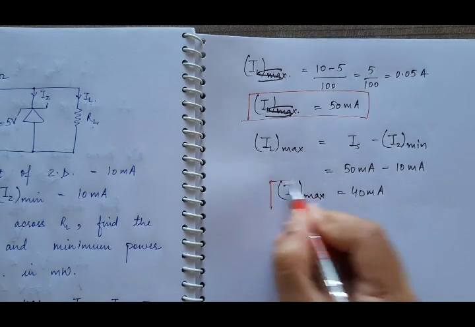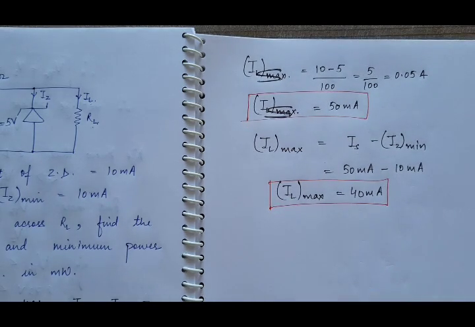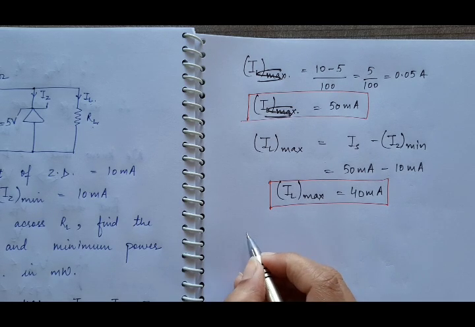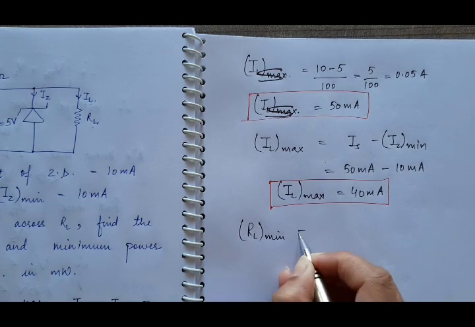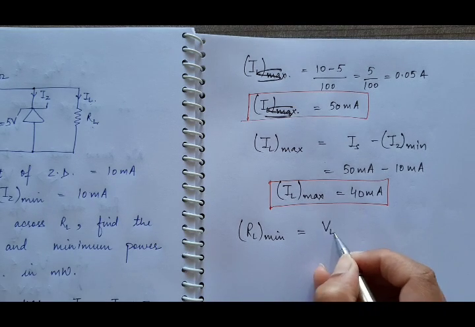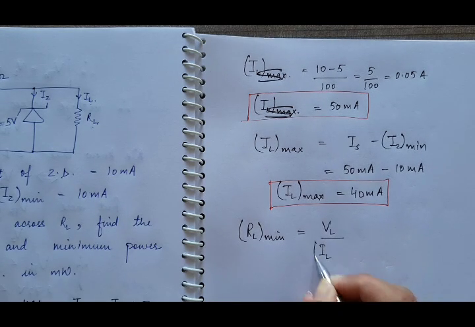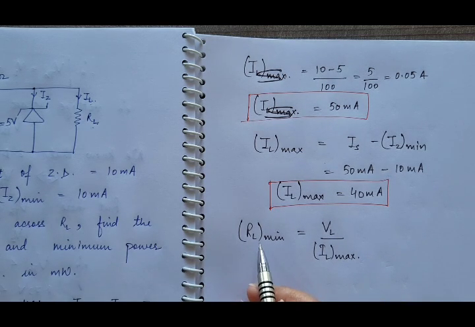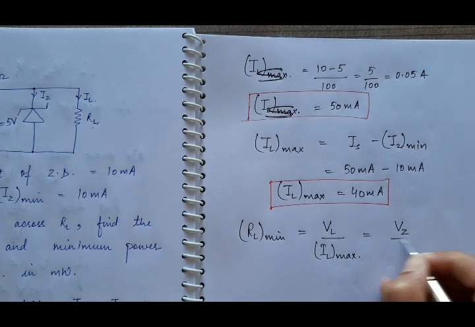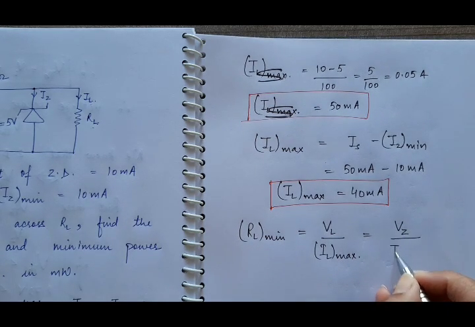And when the current through RL is maximum, at that time RL will be minimum. So we have to calculate RL minimum when the Zener diode is on. So it will be VL upon IL maximum. This is the minimum resistance corresponding to which the Zener diode is on.